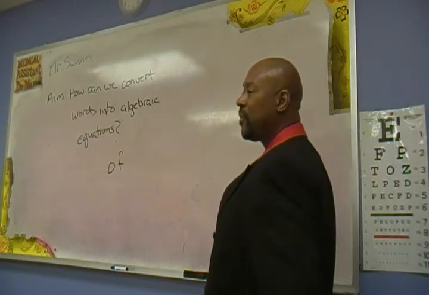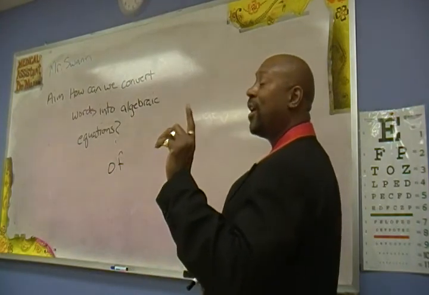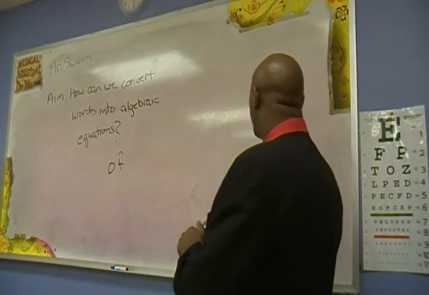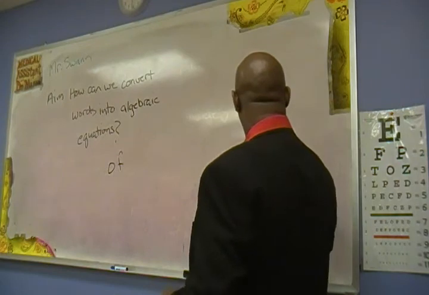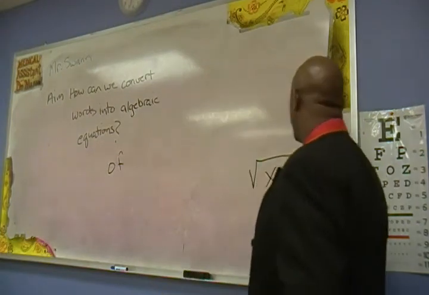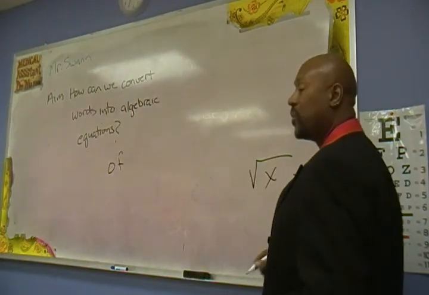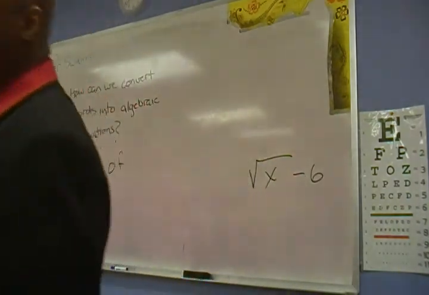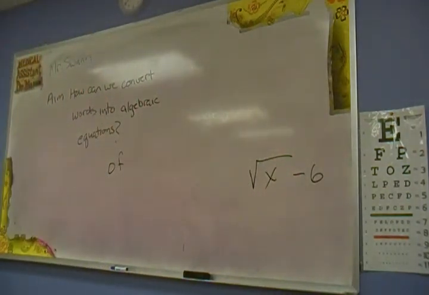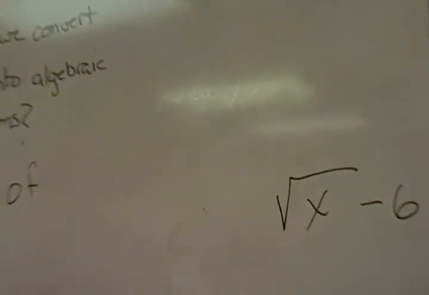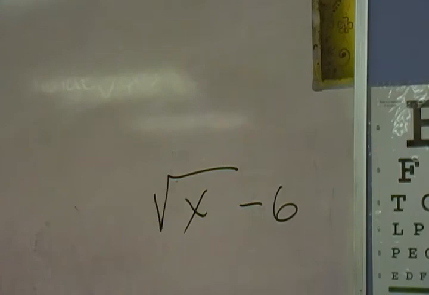X squared minus 6. Almost. That's a number squared. It's the square root. Square root of x minus 6. That's the square root symbol. I did it the opposite way. It's the square root of a number minus 6.